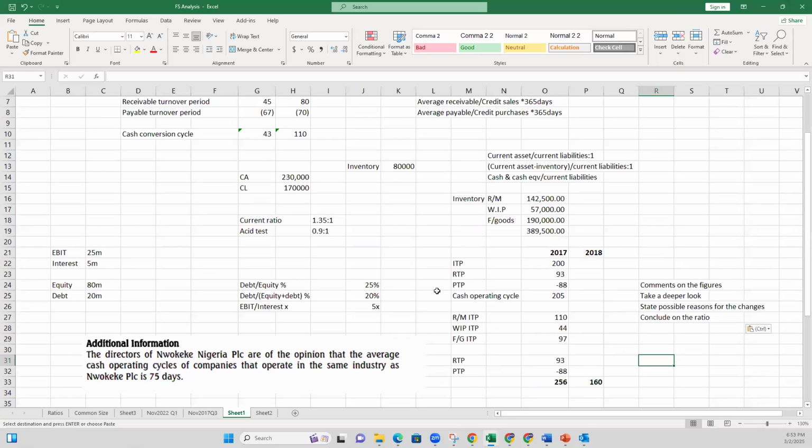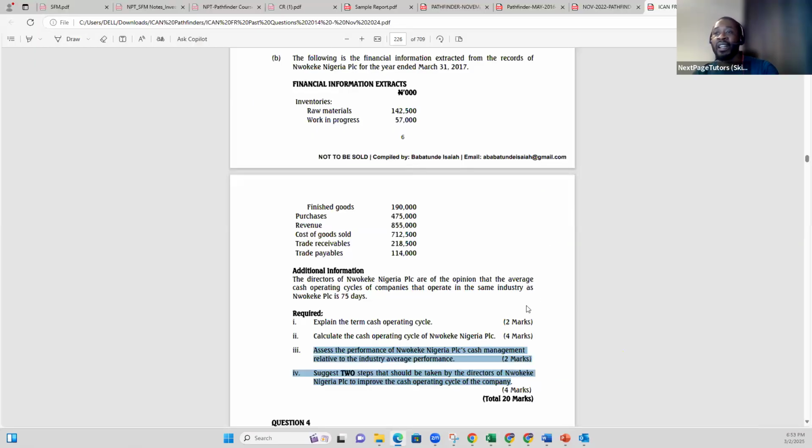Receivables. To improve receivables. Okay. What else? Negotiate favorable payment times with their creditors. Negotiate further with creditors to see if they can give you favorable payment terms that can help you improve your payable days, right? More.